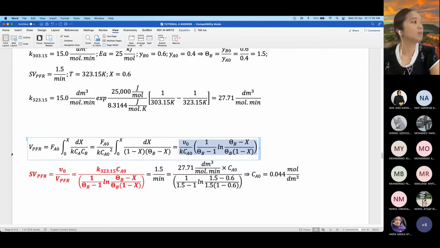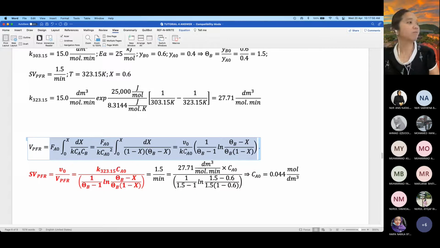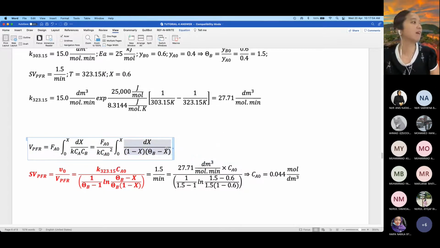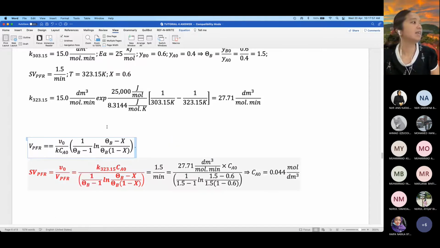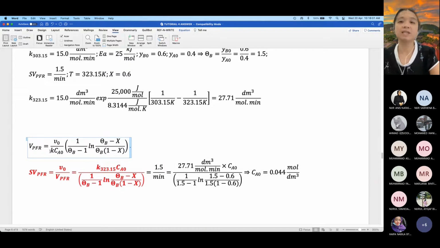So if you notice in this equation that I'm highlighting, let me close the front part. This one you can see clearly. This is what we got from the notes.